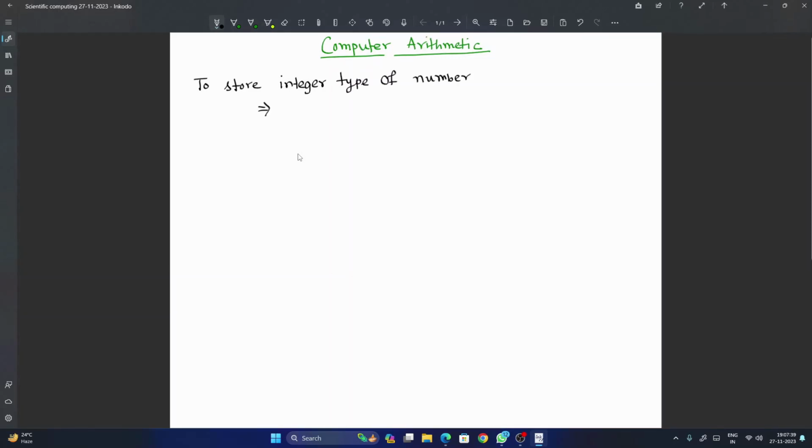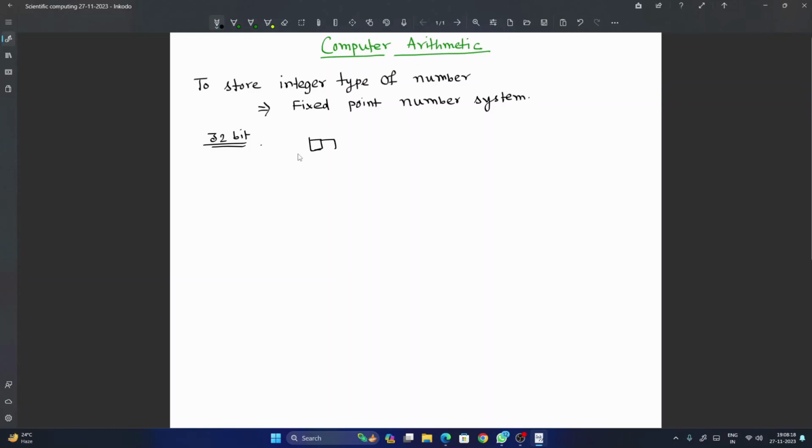To store integer types of numbers, the computer generally uses the fixed point number system. In this fixed point number system, suppose you have a 32-bit machine. That means you have 32 boxes where you can fill in zeros and ones.